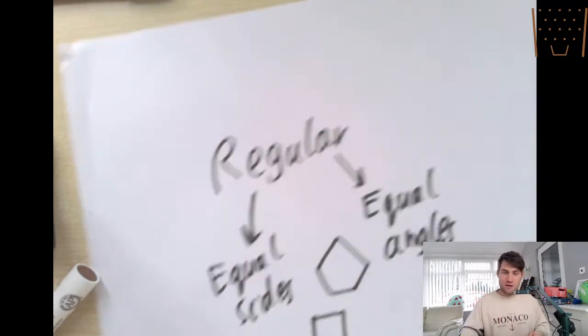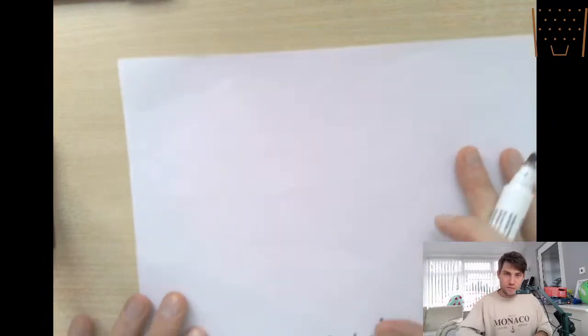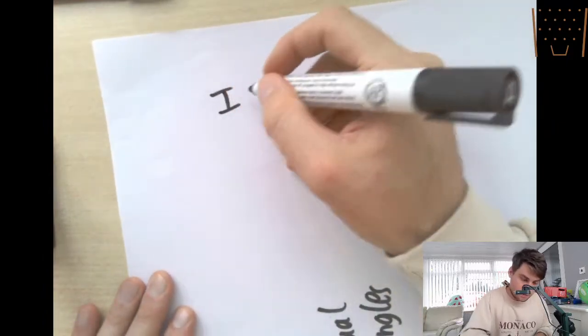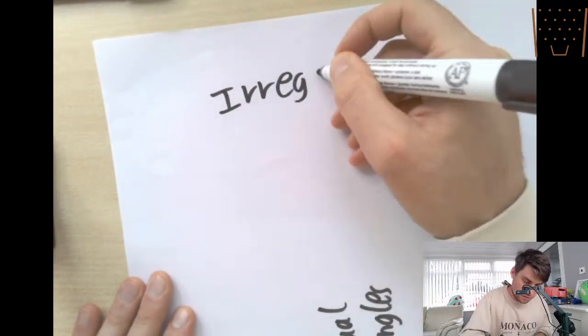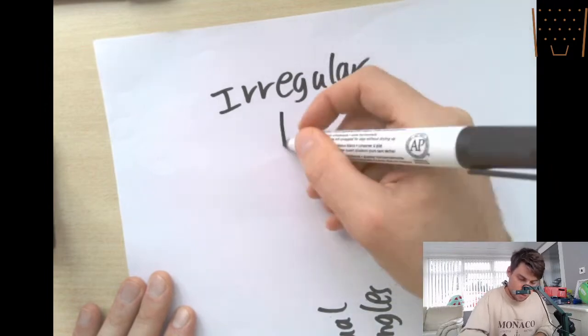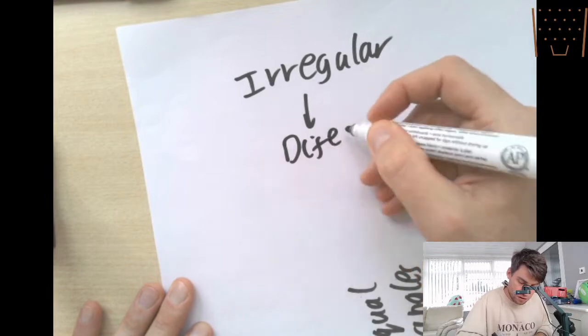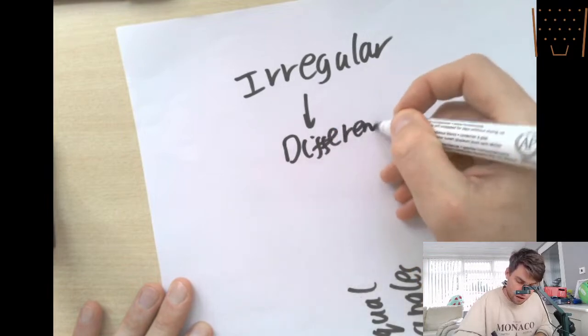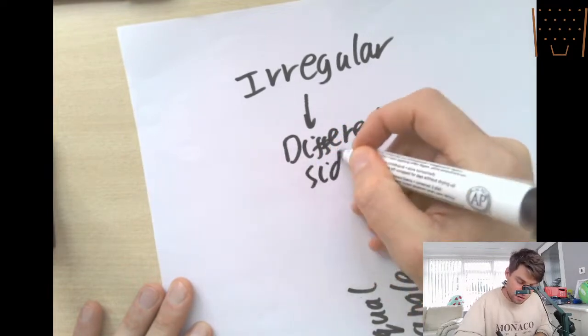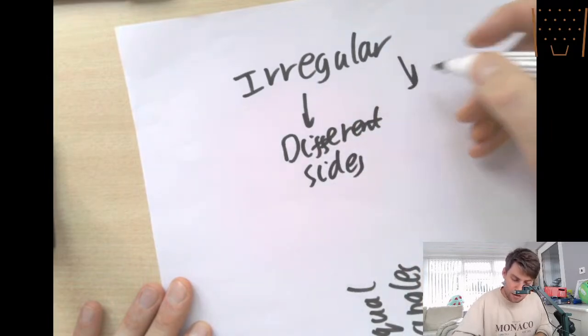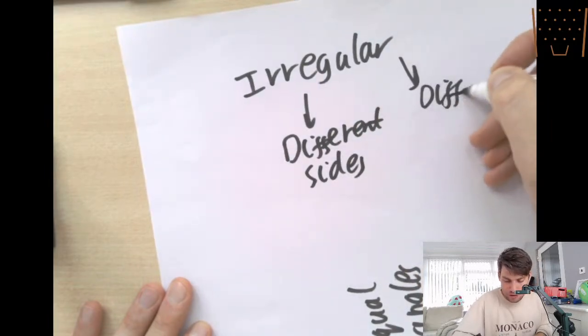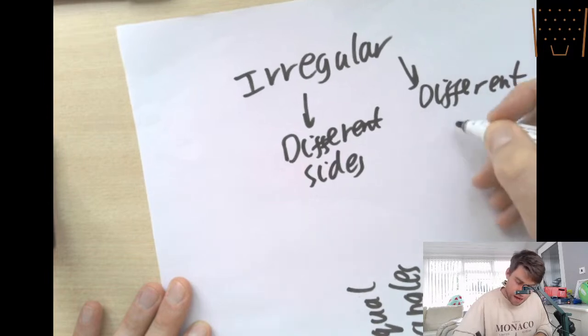Now let's look at irregular, okay? So irregular is where sides are different sides and then different angles.